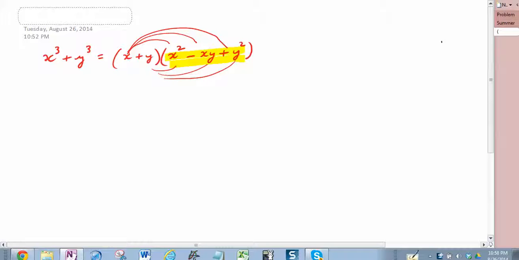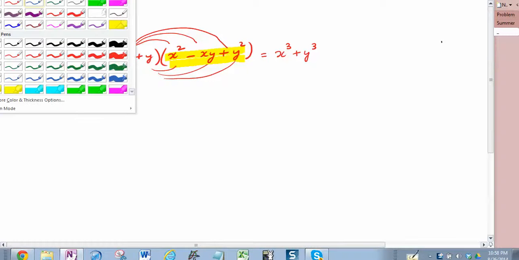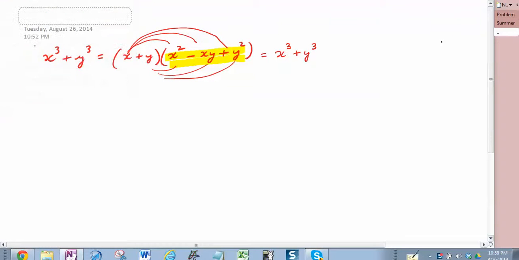And what would happen is I would get 6 terms out of that, but those 6 terms would actually all simplify to give me back my x cubed plus y cubed. So I'm not going to bother to check it. You're going to just have to take it from me on faith that that is the result. But when you get a moment, you should probably check it yourself.